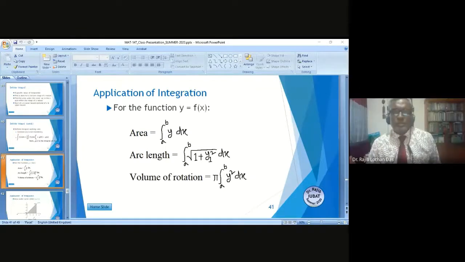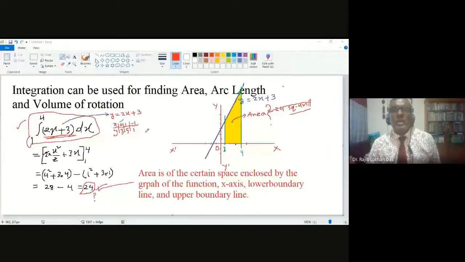So let me stop sharing this screen and then go back to our writing screen again. The example we were working with, the area is already done, so let us find out the arc length for this example. Then I will show you another example.